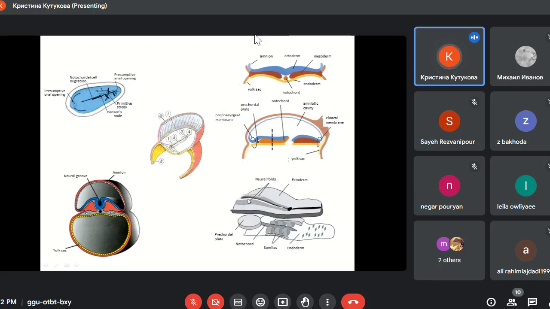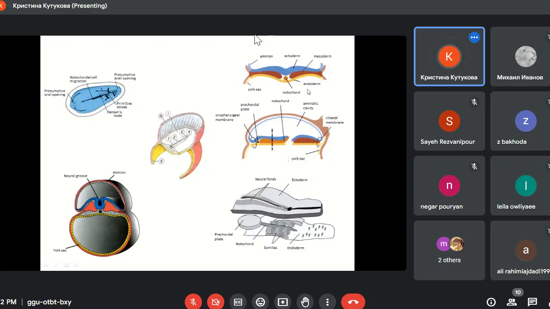Neural tube is not closed yet. And below, what we see here, endoderm is whitish, it's the lower layer, and upon it the middle layer, in the middle notochord, and before it precaudal plate. Like in this picture, notochord, it is here, and before it precaudal plate.